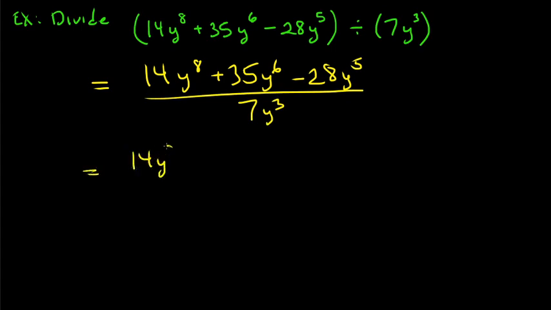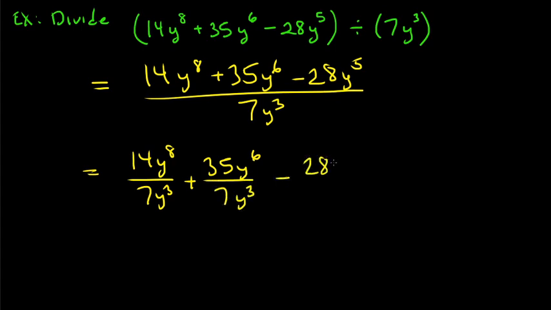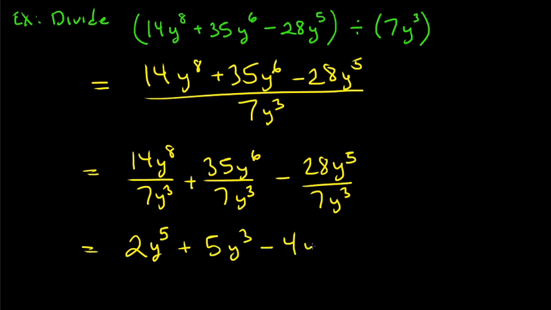So 14y to the 8 divided by 7y cubed plus 35y to the 6 divided by 7y cubed, and then minus 28y to the 5 divided by 7y cubed. So divide the coefficients, but subtract the exponents. Right, so 2y to the 5 plus 5y to the 3 minus 4y to the 2.